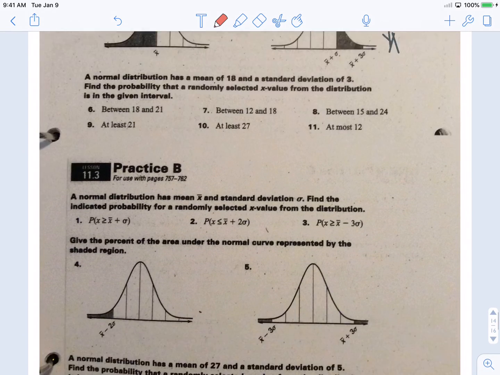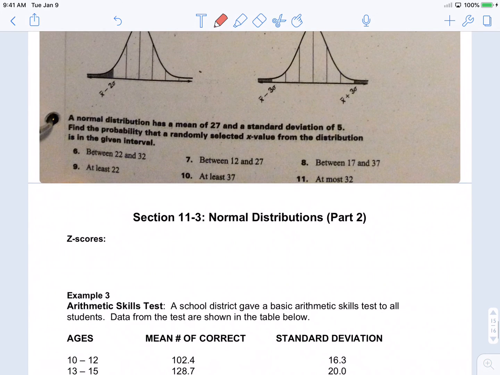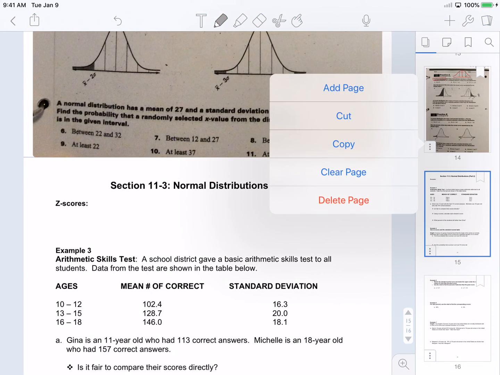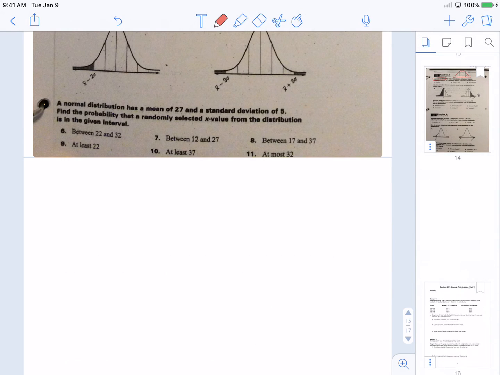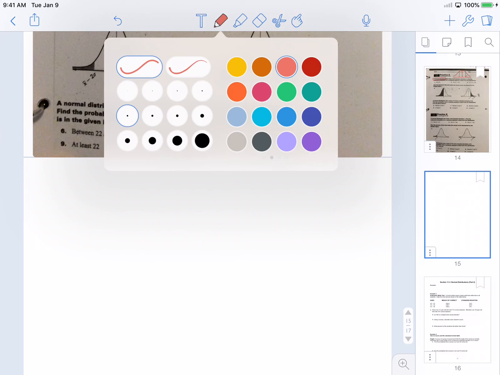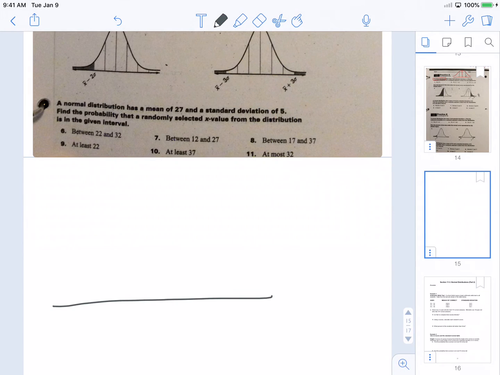The other type of problem we're going to do would be 6 through 11, and I'm going to show 6 through 11 down below here. Give myself an extra piece of paper. So for numbers 6 through 11, you are going to draw your own curve. One curve answers all of the questions.